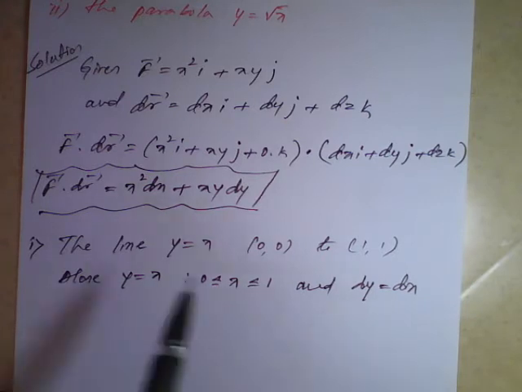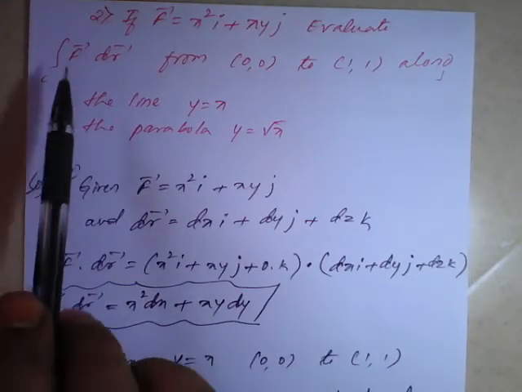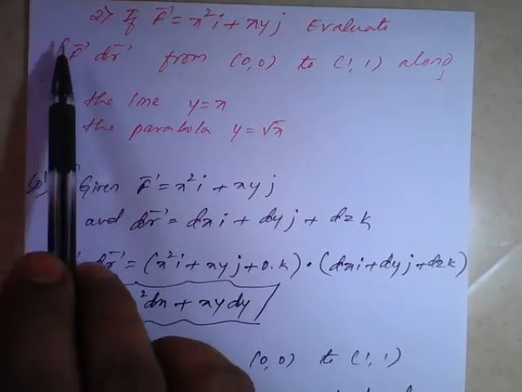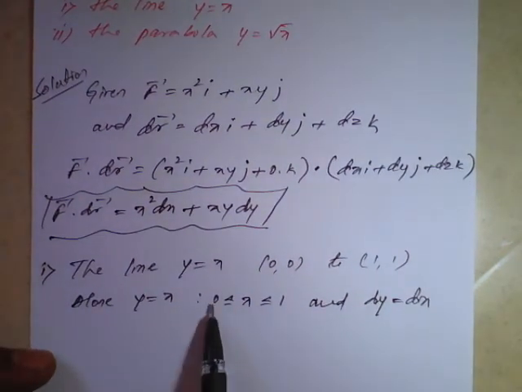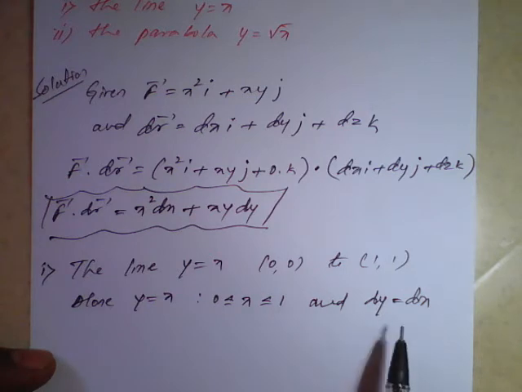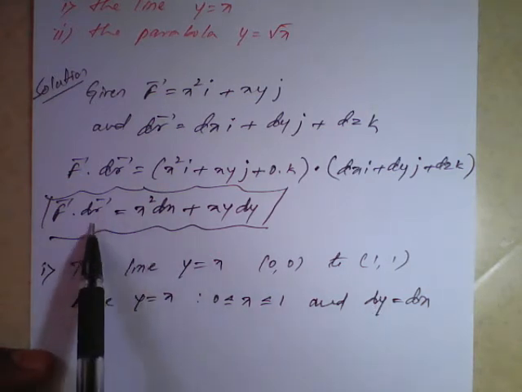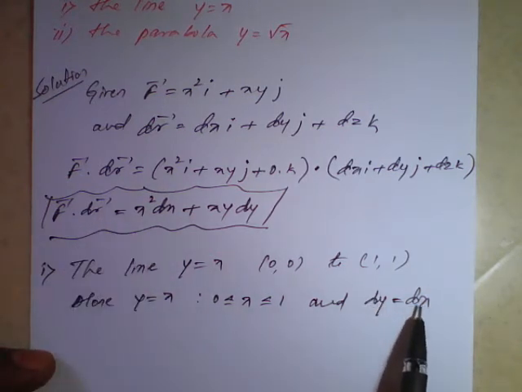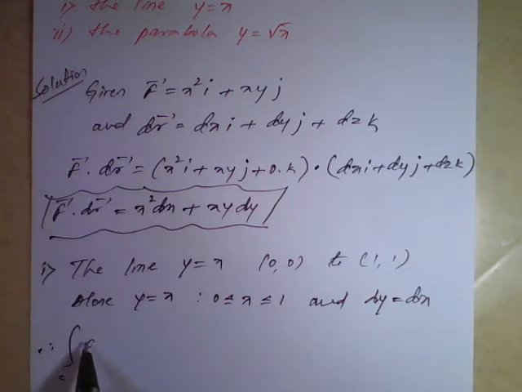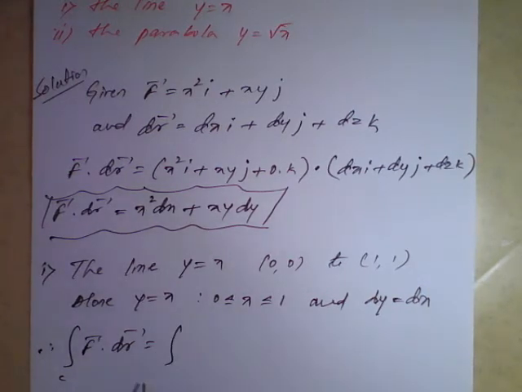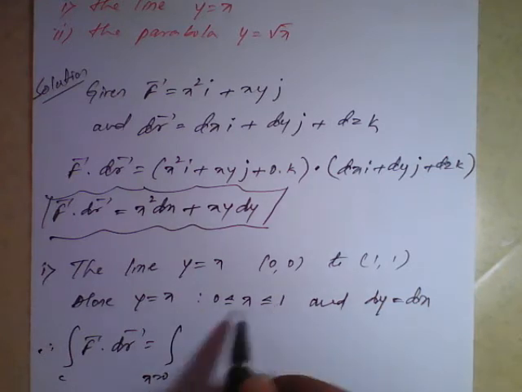It means to find the integration of this F dot dr, the limit is x varies from 0 to 1, and in the given F dot dr, dy will be replaced by dx. So now I will write here: the integration of vector F dot dr will be the integration with x varying from 0 to 1.